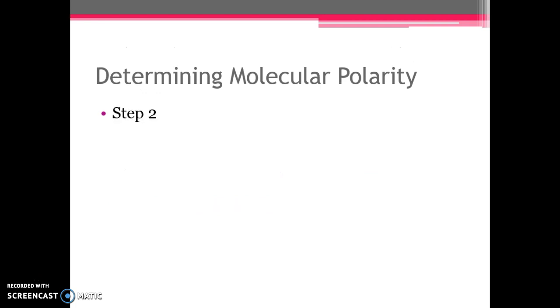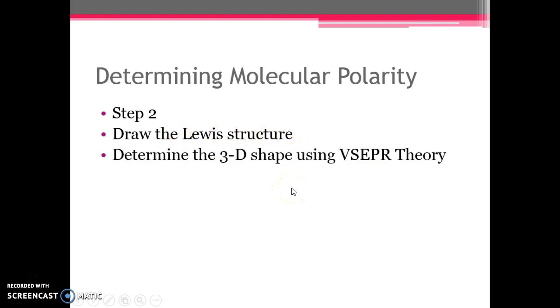So moving on to step two, there's quite a lot involved in doing step two. You have to actually assign bond dipoles and then consider the shape of the molecule. So start off, you might have to draw the Lewis structure or at least the structural formula. Then you've got to determine the three-dimensional shape based on VSEPR theory.